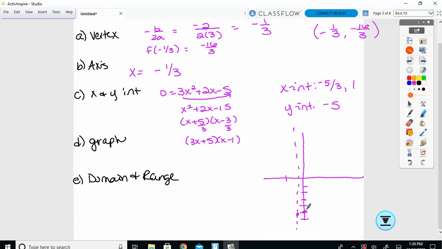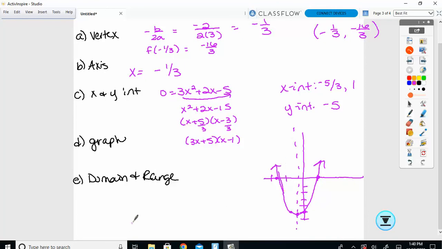So if you did your axis of symmetry, this is 1/3 away, so you could go 1/3 the other direction and get another point. Or we could use these x-intercepts that we found as points. A couple different options there. But either way, we should be able to then get our graph.